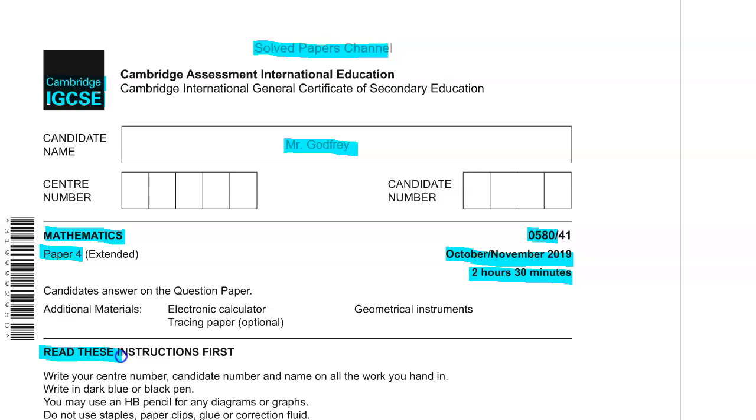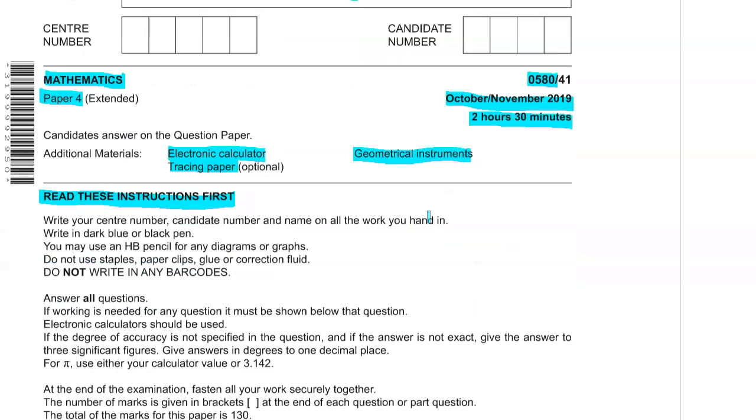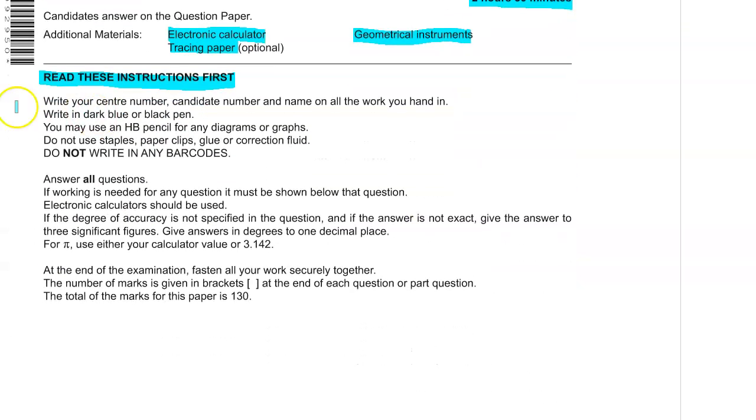Always read the instructions first. You may use a calculator. Tracing paper is optional for translations. Geometrical set instruments are required. As usual, if the degree of accuracy is not specified in the question, and if the answer is not exact, give answer to 3 significant figures.